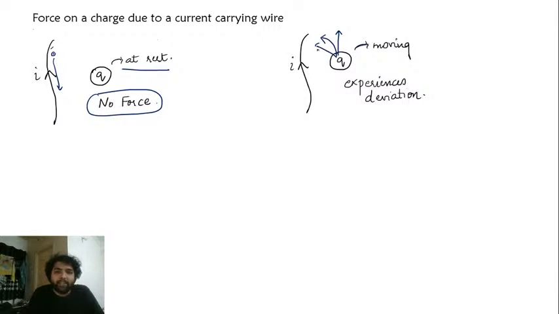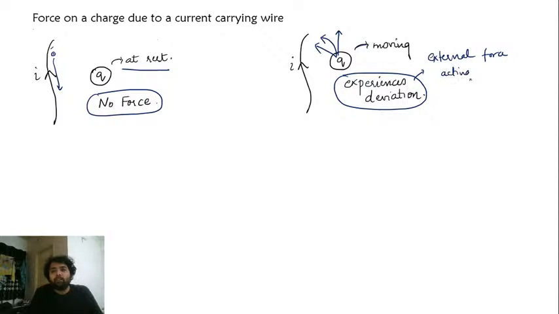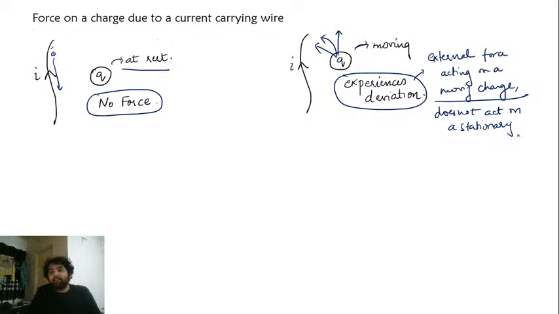It means there is some external force acting on a moving charge which does not act on a stationary charge. So this is where the whole thing came into the picture. This is the main concept I want you guys to understand.